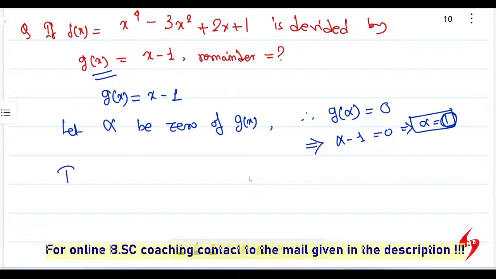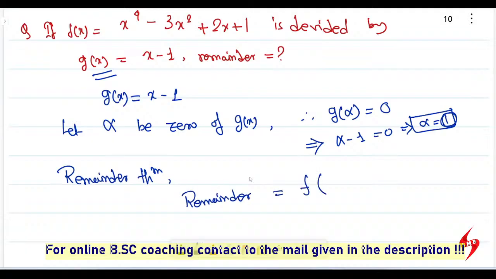Now according to my remainder theorem, the remainder will be f of 1. That means f of the 0 of this divisor g of x. So 1 is here the 0 of g of x, the divisor. So we must replace the value x by 1 in this polynomial f of x.